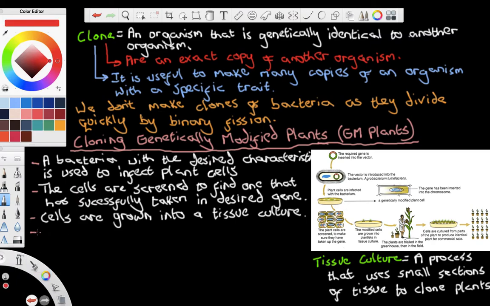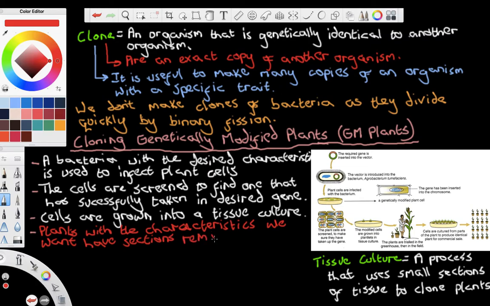Red is the important points, that plants with the characteristics we want have sections removed from them to grow clones of the plant.